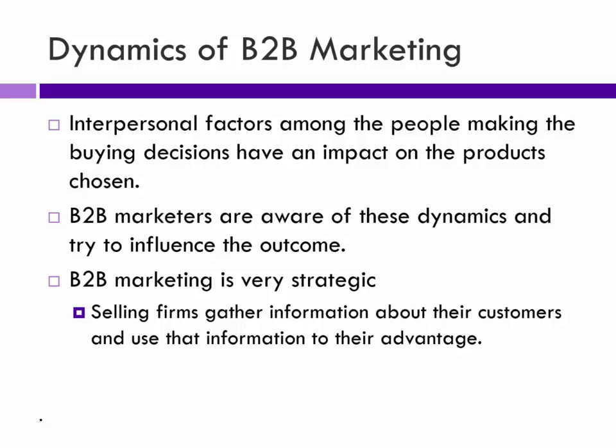However, they're still dealing with people, and now we've got even more people. Sometimes there's a lot riding on these decisions. If we're talking about huge amounts, sometimes there's political things going on between the different people within the buying center that we talked about. So the marketers are aware of those and try to work that.